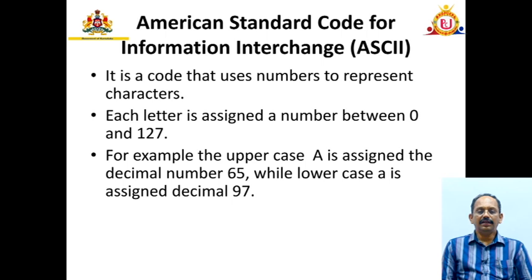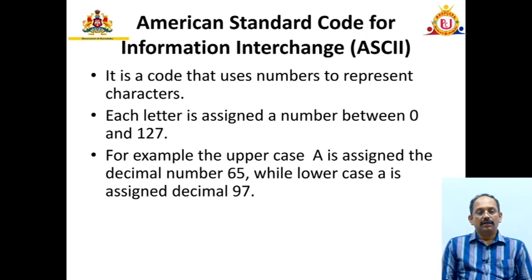ASCII can be used to represent alphabets, numbers, special characters, punctuation marks, control characters like enter key, alt, control C, control V, control Z, control A, tab key, backspace key. Each and every key has an ASCII code defined in the ASCII chart.